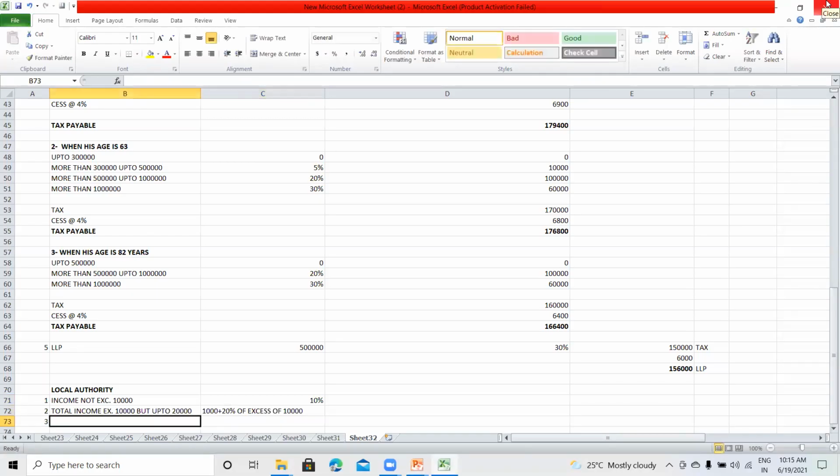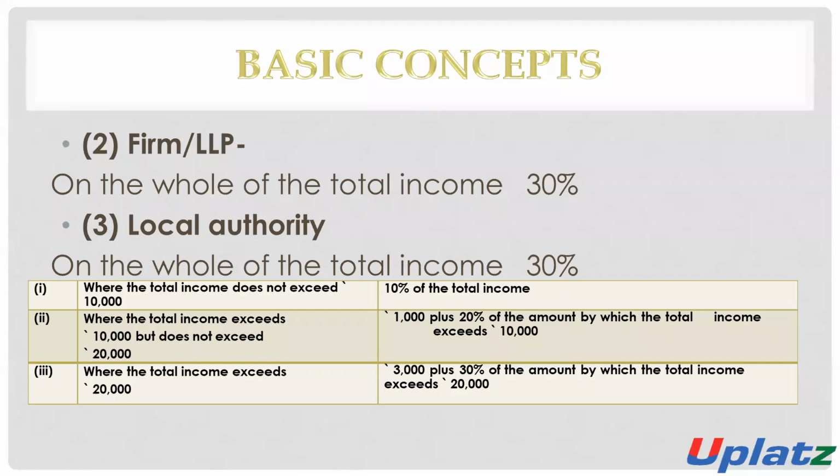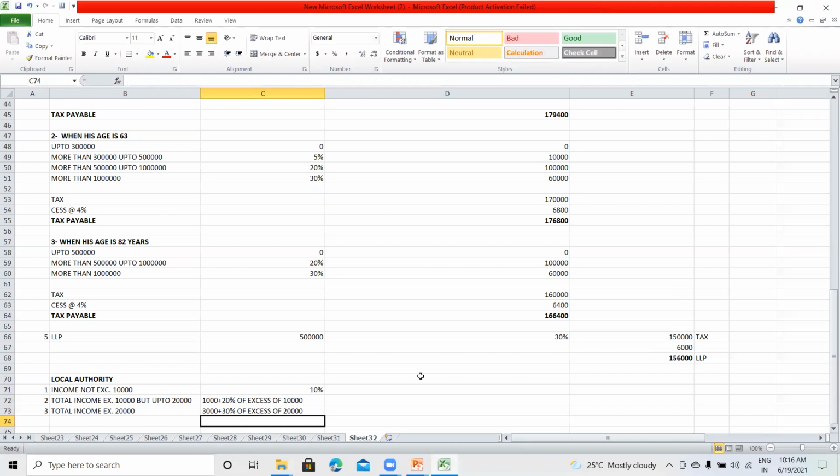And number three, total income exceeds 20,000. In this case 3,000 plus 30% of the excess of 20,000. Means the provision for local authority is as follows: where the total income is not more than 10,000, the tax rate will be 10%.